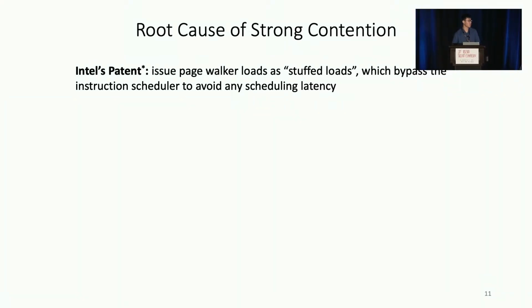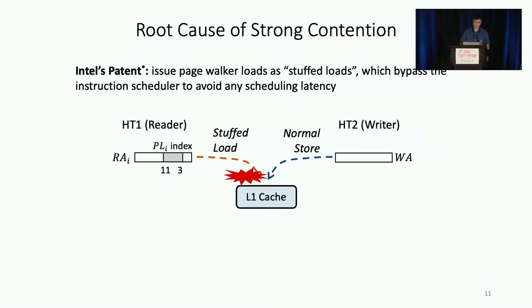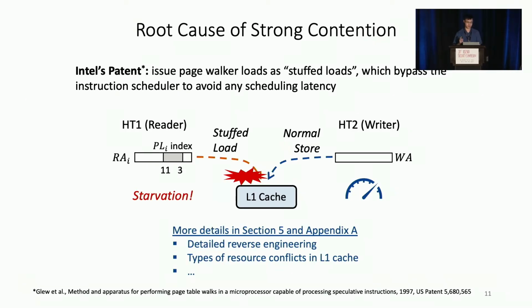We believe this optimization has an unexpected effect, which is that the scheduler cannot detect and mediate the conflicts between stuffed loads and normal stores. As a result, the writer is allowed to run at full speed without realizing the reader is starving. Eventually, the starvation will trigger a watchdog alarm to abort and restart the page walk with a higher priority, only after 20,000 cycles. Please check out our paper for more details on the reverse engineering part.